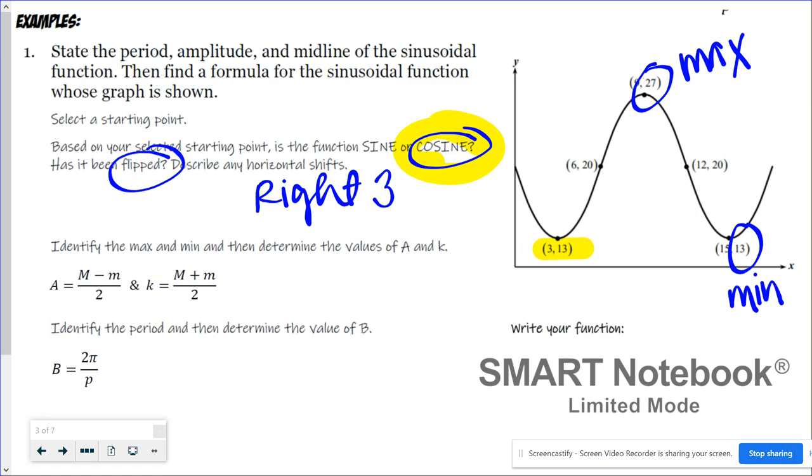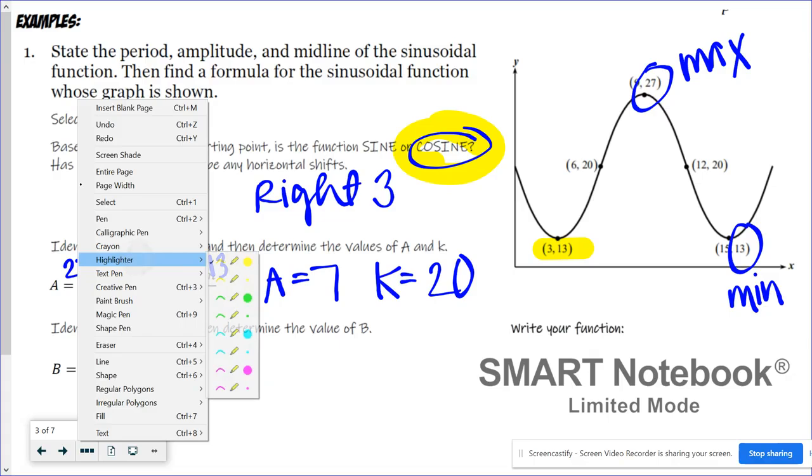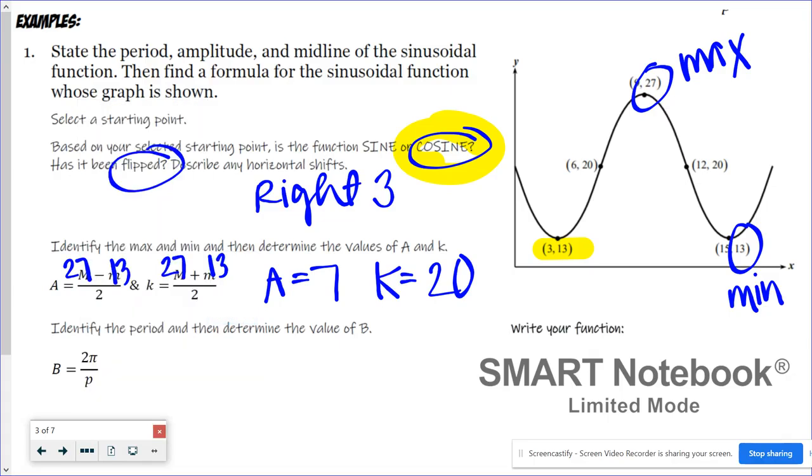For amplitude, I would go 27 minus 13, and that's 14, divided by 2 is 7. For my midline, I'm going to go 27 plus 13, and that's 40, and 40 divided by 2 is 20.